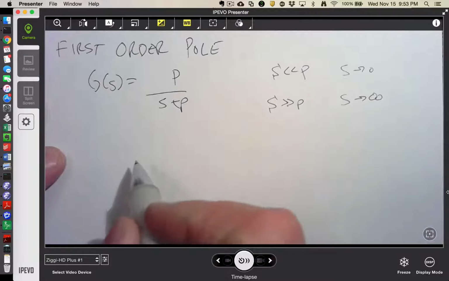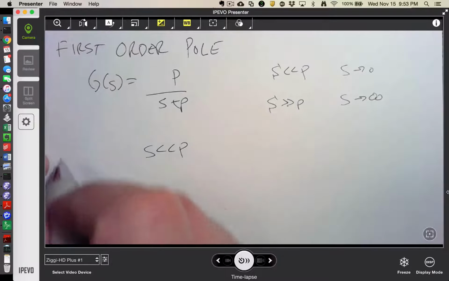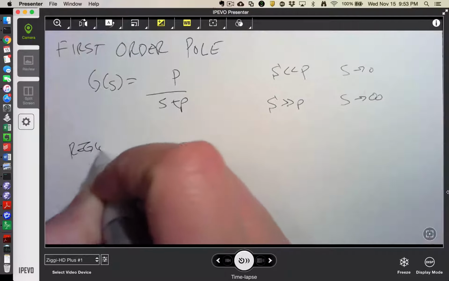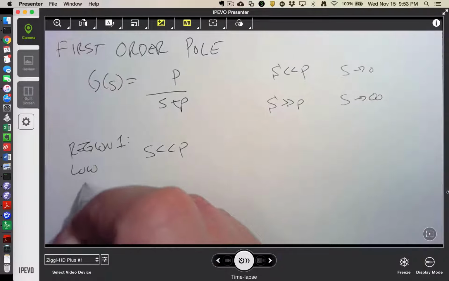So let's start with S much, much less than P. For no particularly good reason, I'm going to call this region 1, low frequency.